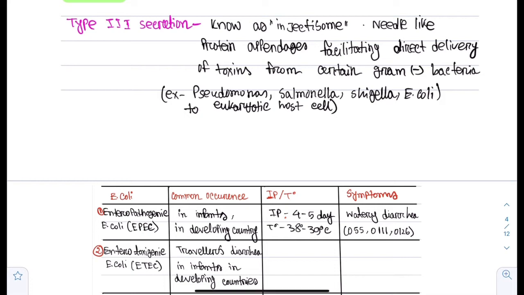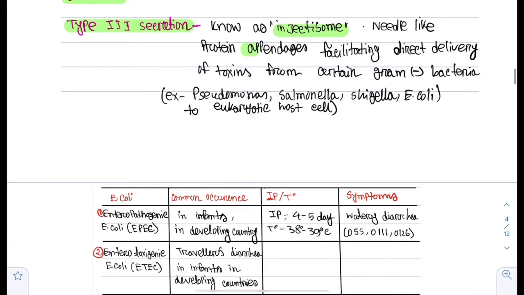So in case of E. coli, we have 5 types of E. coli, so I will explain more further down there in the notes. So there is a type 3 secretion. When the bacteria binds to the host cell, there are needle-like appendages coming from the bacteria, and these needle-shaped body parts of the bacteria directly deliver the toxins to the host cell.